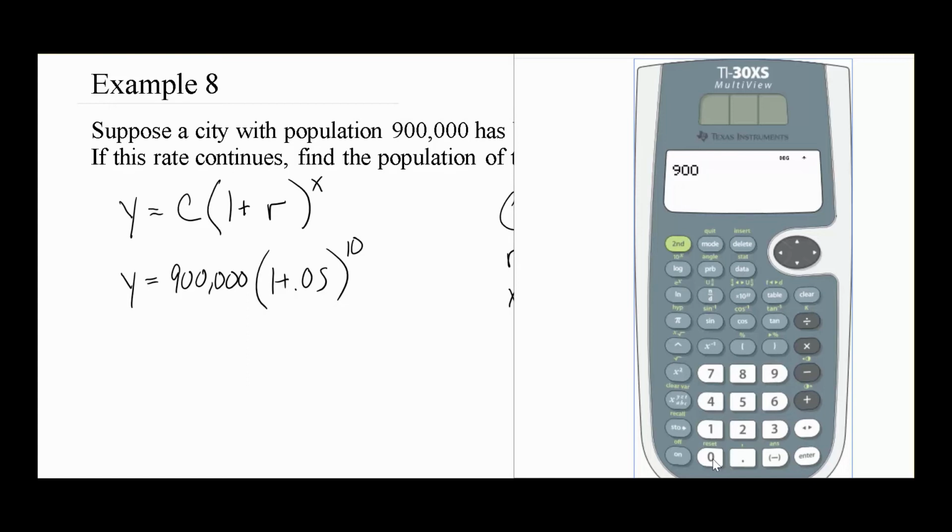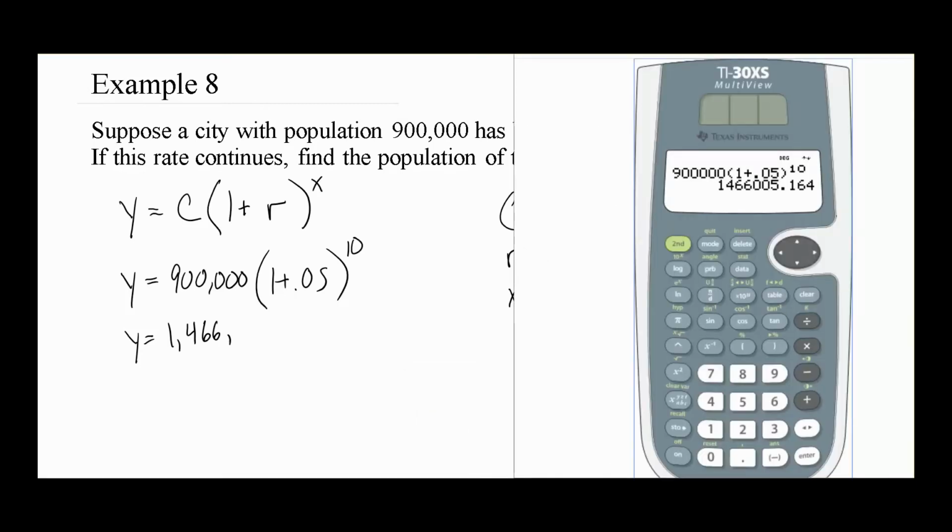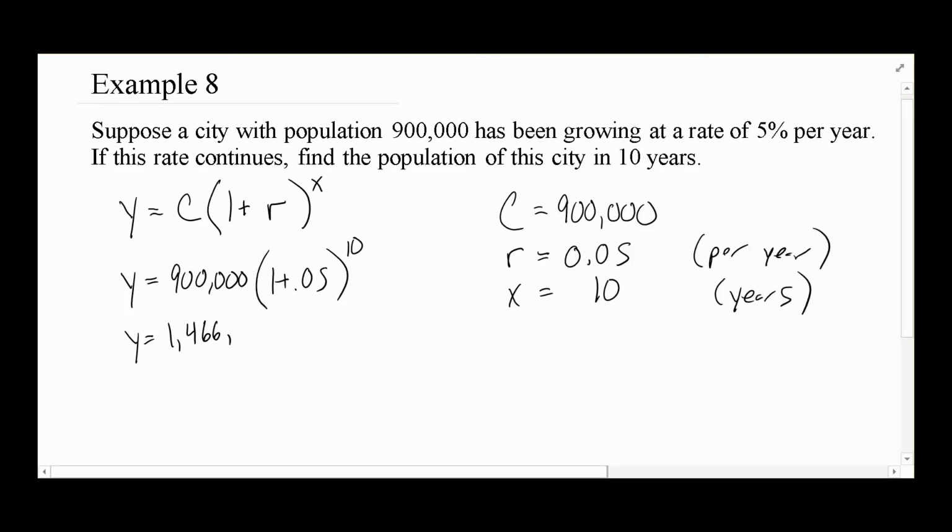So 900,000, parentheses, 1 plus 0.05, end parentheses. Raise that to the 10th power, and there's your answer. 1,466,005.